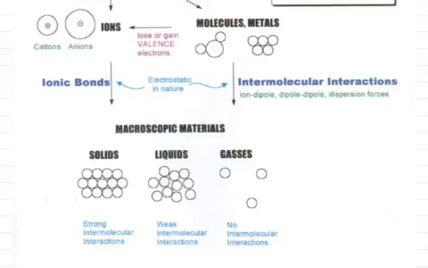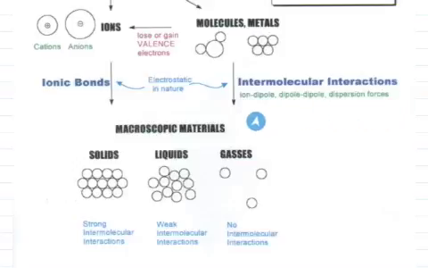With our ions, we get ionic bonds because we have a positive and a negative charge. We can get our macroscopic material formed by our ionic bonds as solids, liquids, and gases. Now, molecules and metals use intermolecular interactions: ion-dipole, dipole-dipole, and dispersion forces.